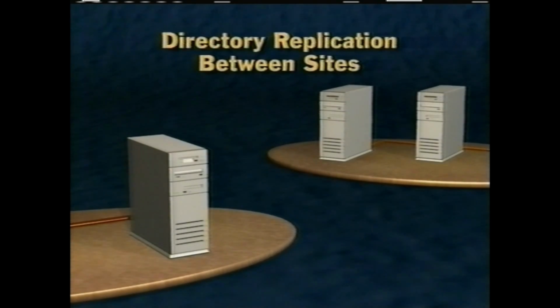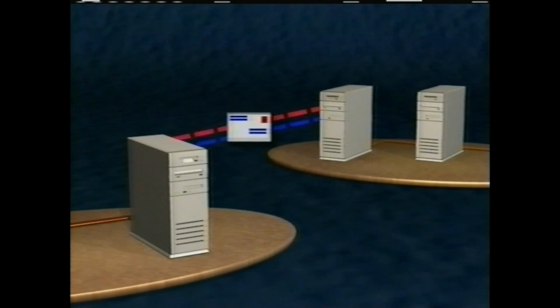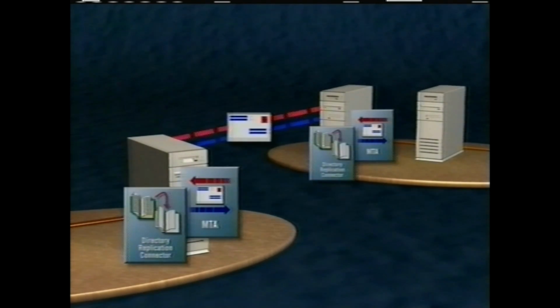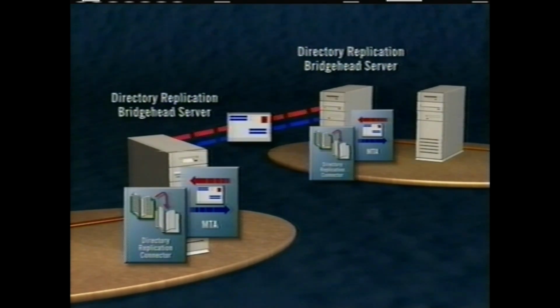Between sites, directory changes are transferred via mail messages. This requires the administrator to configure a directory replication connector between the sites. From the Administrator program, one server in each site is designated as a directory replication bridgehead server. It requests directory updates from the other site, and only the changes are replicated to the other directory.